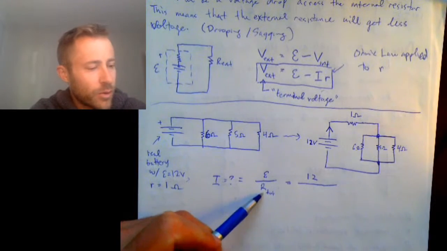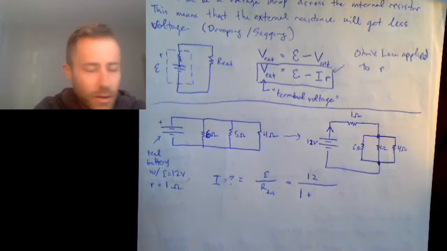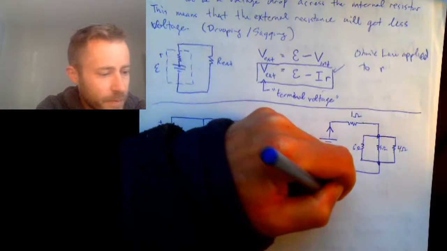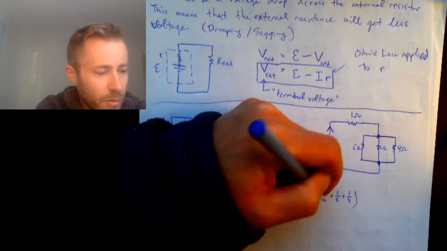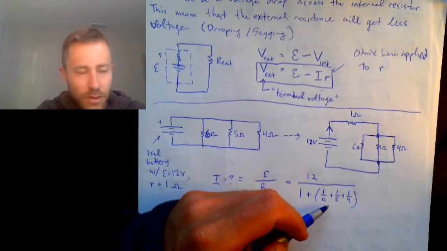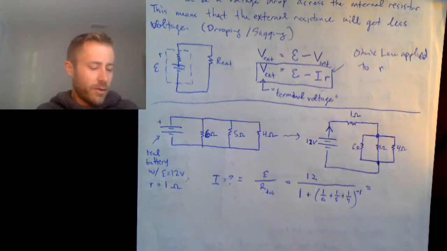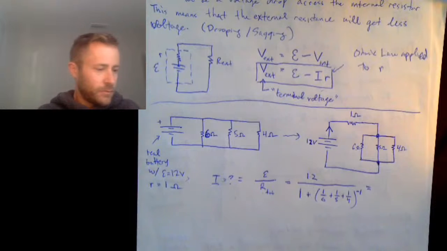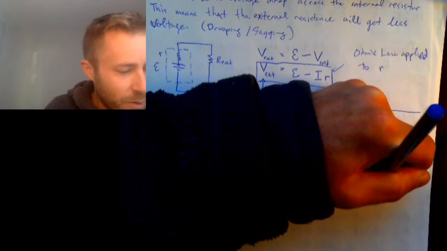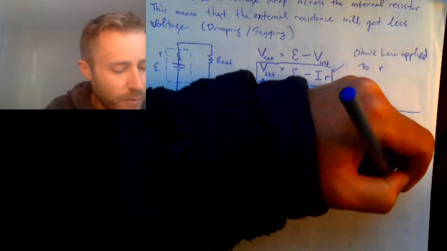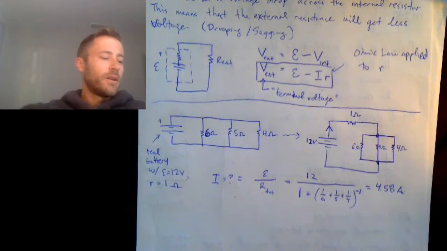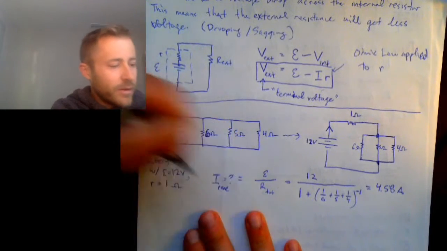My total resistance is going to be the 1 ohm plus the 6, 5, and 4 in parallel. And remember, this is the formula for 1 over R parallel, so I have to do the -1 of that. So let me work that out in my calculator. And so I get that the amount of current is 4.58 amps. So this is the amount of current that flows out of a real battery.